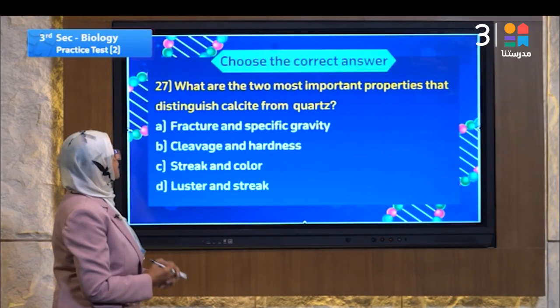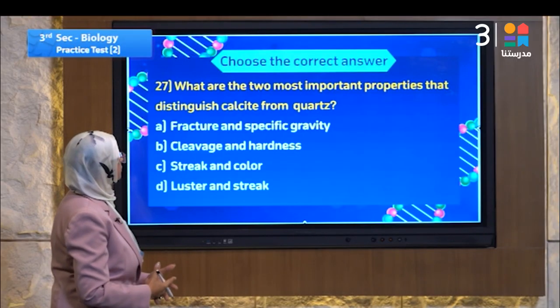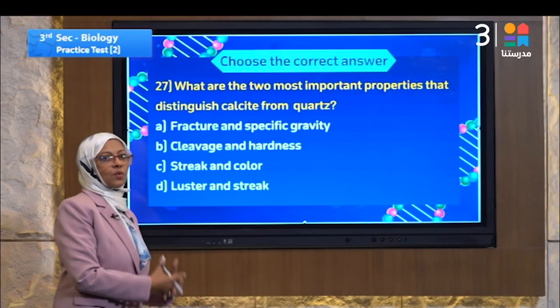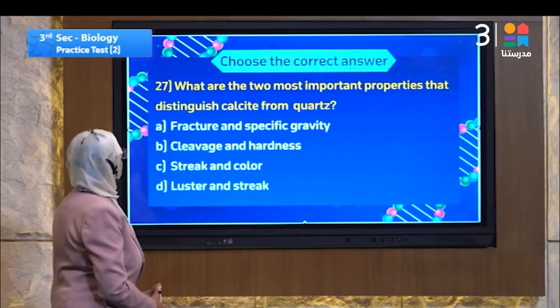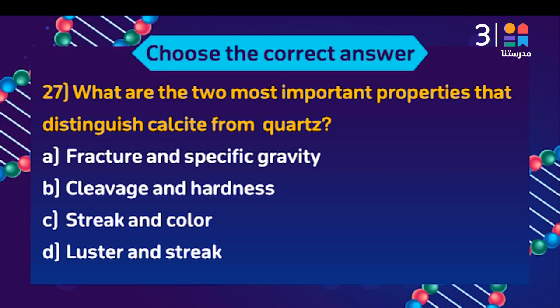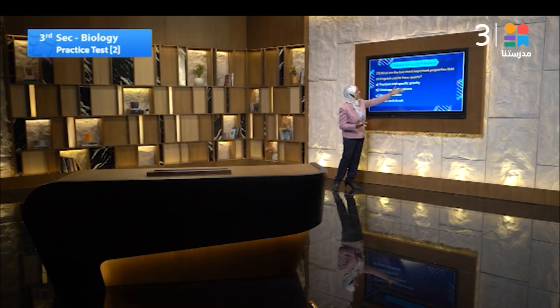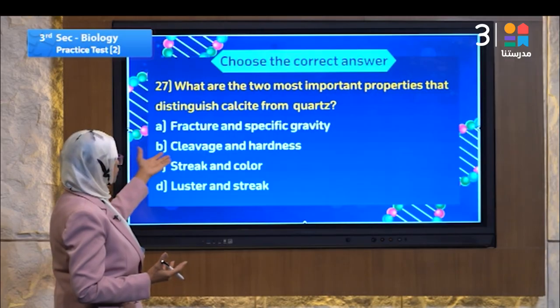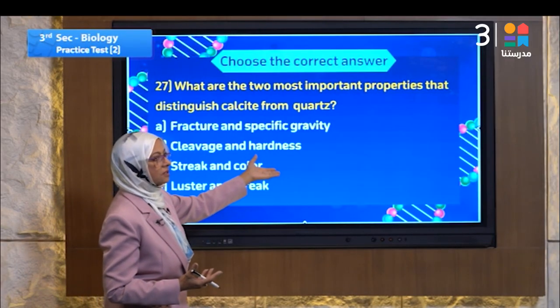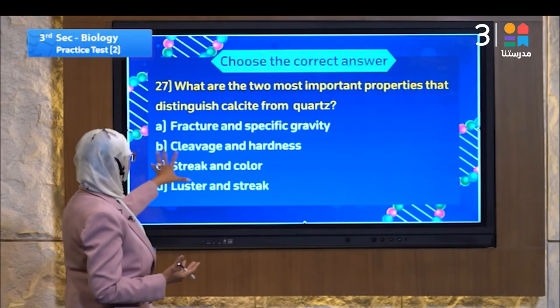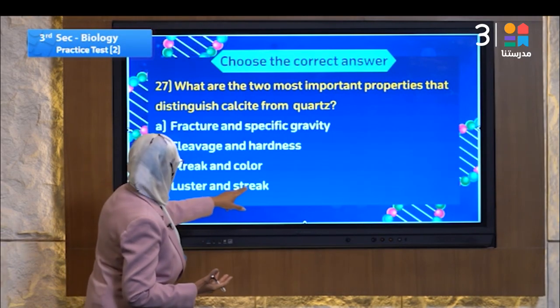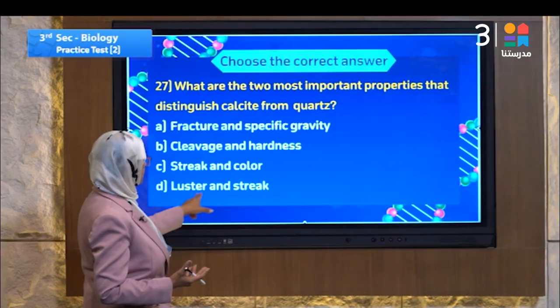Question 27 speaks about calcite and quartz. Let's read the question again. What are the two most important properties that distinguish calcite and quartz? They are different. The choices are about how to compare calcite and quartz: fracture and specific gravity; cleavage and hardness; streak and color; luster and streak.